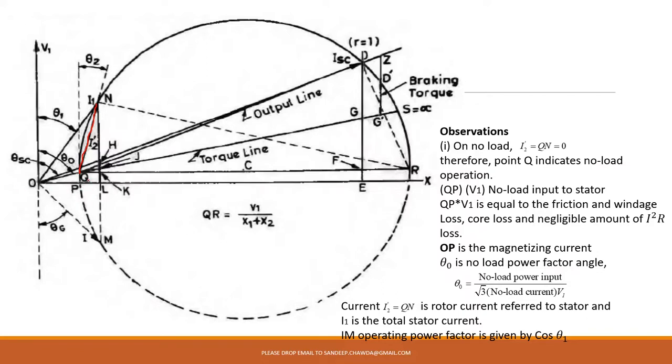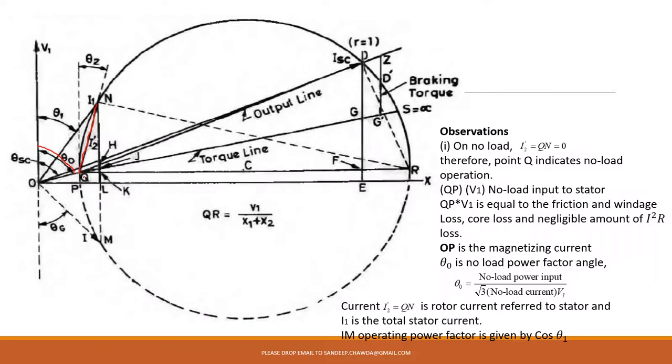The no load power factor will be given by the angle between V1 and this current, that is your IE. So theta 0 is basically this one. You could see this is your theta 0, and it should be equal to the no load power input divided by root 3 multiplied by no load current multiplied by V1. Already we have seen the I2 dash, which is the rotor current at no load.